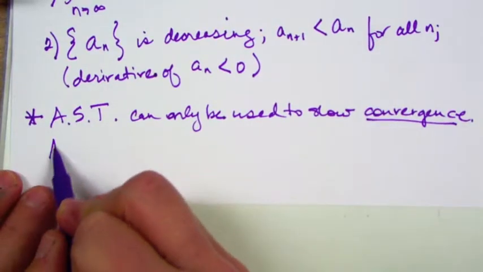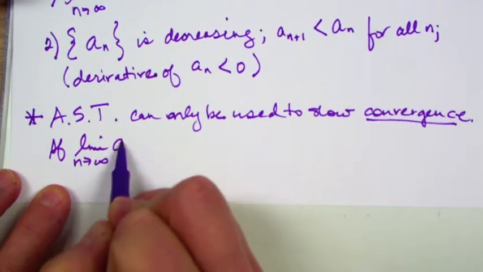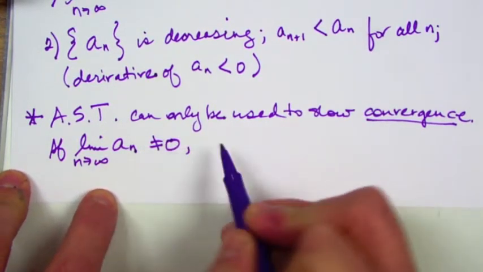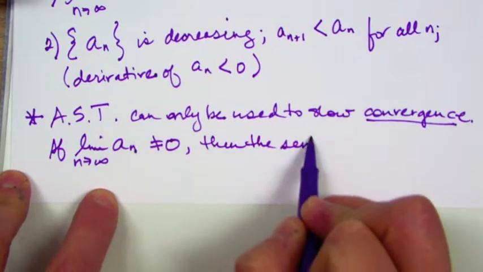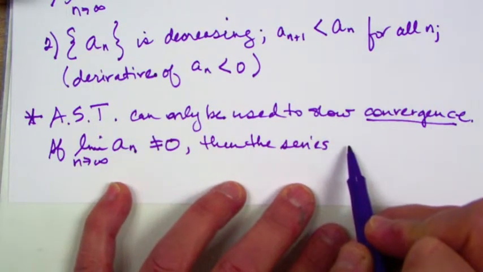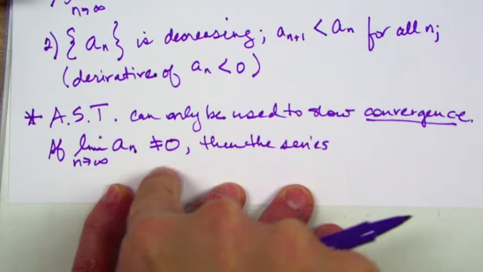Okay? If the limit as n approaches infinity of a sub n does not equal 0, then the series will do what? If that sequence of terms is not going toward 0, then this thing would have to do what?